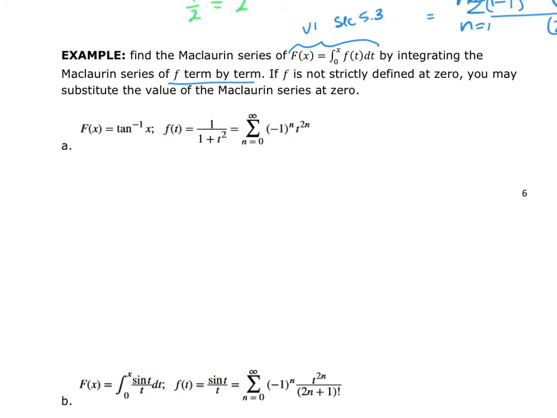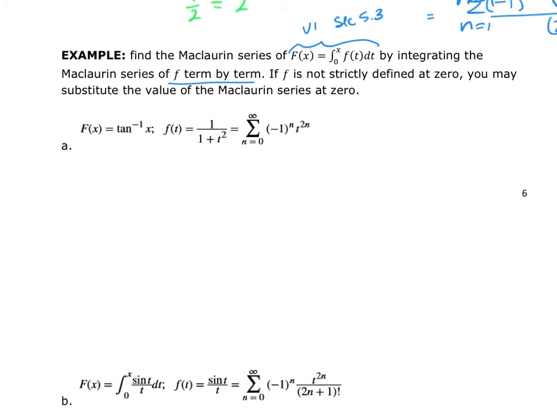Okay, so we're going to start with the inverse tangent, where f of t is equal to 1 over 1 plus t squared, and that's going to be equal to the summation of negative 1 raised to the n times t to the 2n.